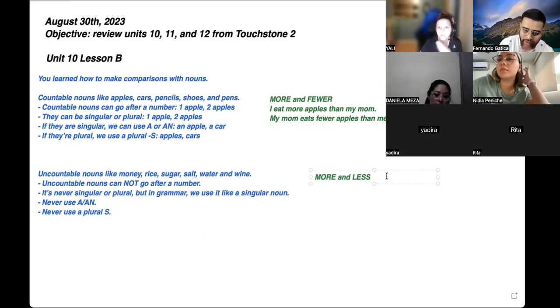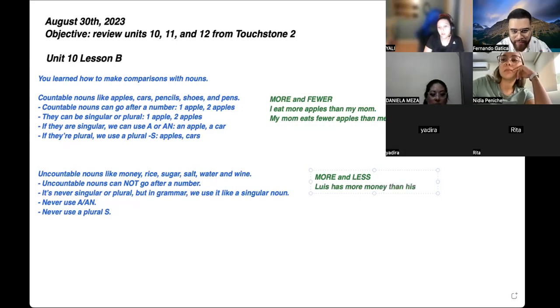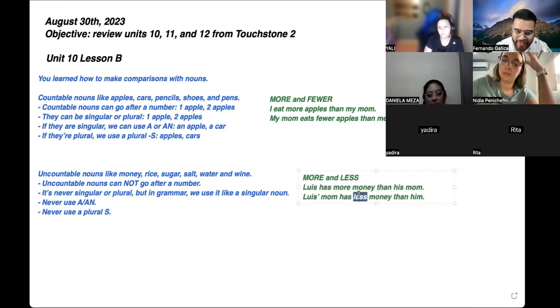Let me give you an example with more and less. Luis has more money than his mom. Or Luis's mom has less money than him. We use less because money is uncountable.